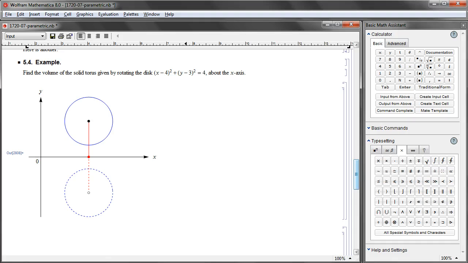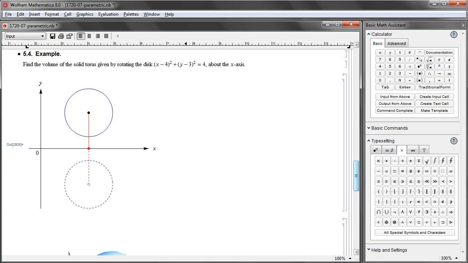But if you use Pappus theorem, it's not much of a big deal, because the centroid is clearly the center of this circle, which is, well, x minus 4 squared here, y minus 3 squared. So the centroid is 4, 3. The radius of rotation is 3 because rotation is with respect to the x-axis.